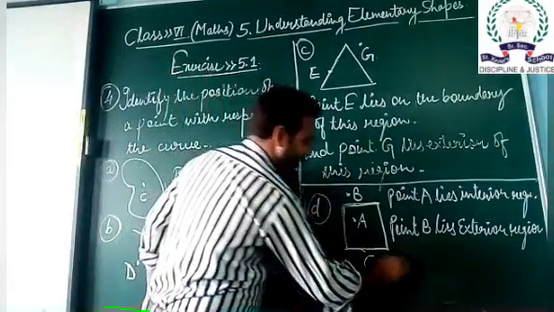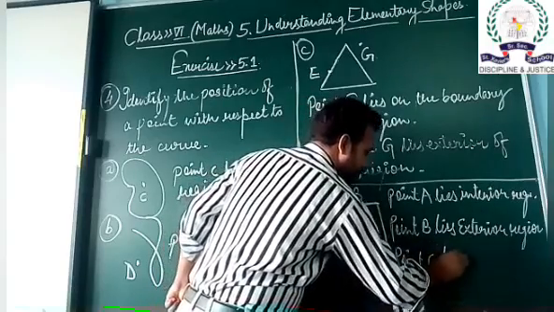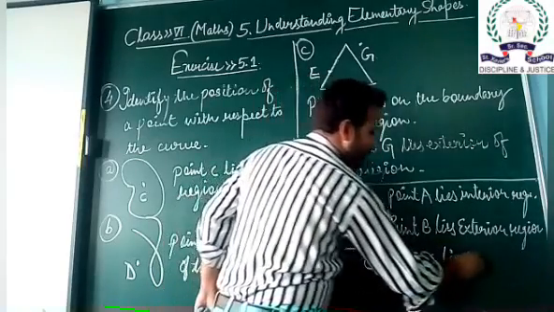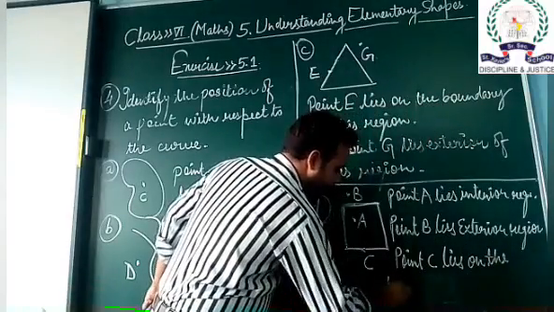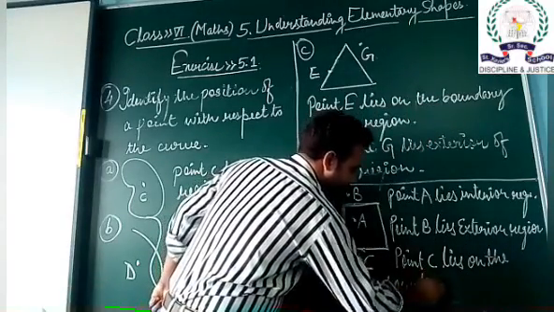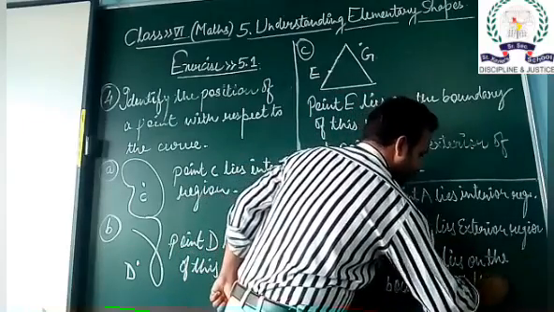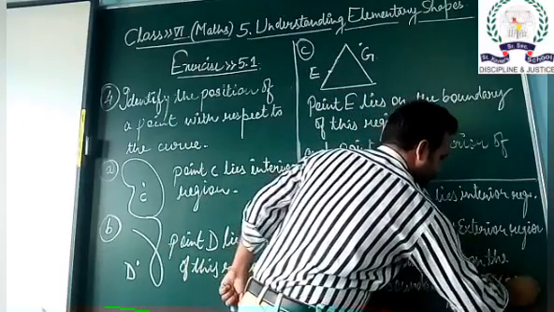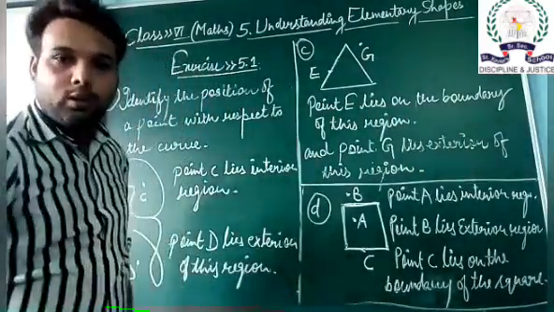It means right here point C lies on the boundary of the square. Okay.